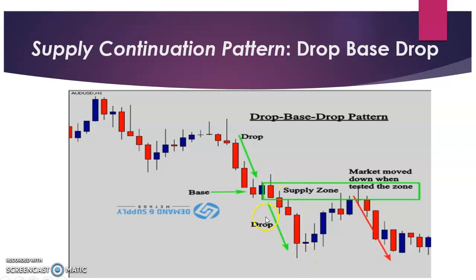Okay, in this case, you're going to have two supply zones. There is a zone here, and of course there is also a zone up here. But the first place we're going to be paying attention to is going to be the second zone, because the second zone is nearer to market price at the moment. So that is actually the first place we are going to be interested in. And of course, that doesn't mean that we're not going to be interested in the first order block.